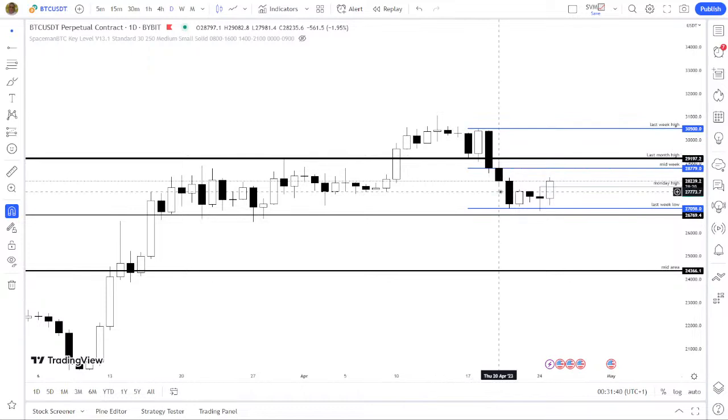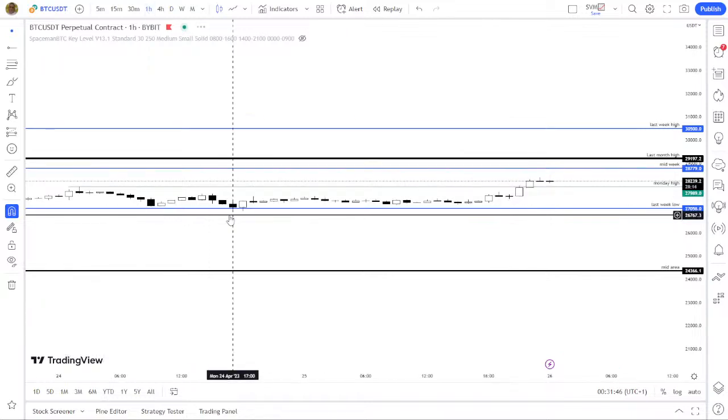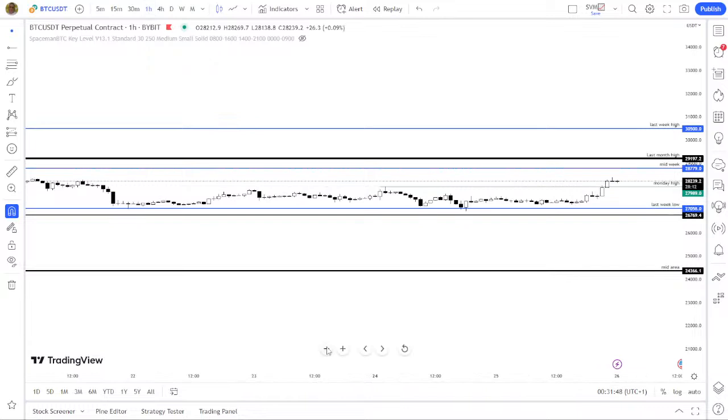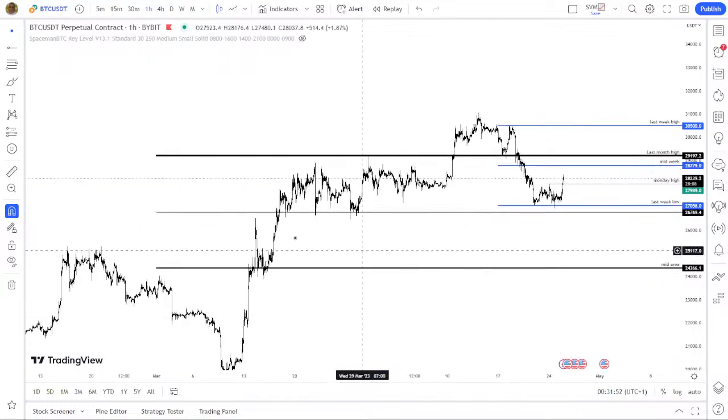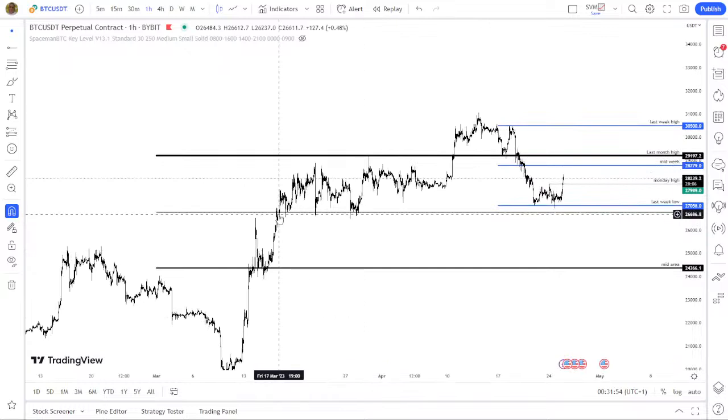Remember what I was saying in the daily time frame. If you zoom out to 1 hour, you see this price action very well. Now starting from here, you see price came, tested it, rejected. Let me zoom out a little bit so you guys can see it.